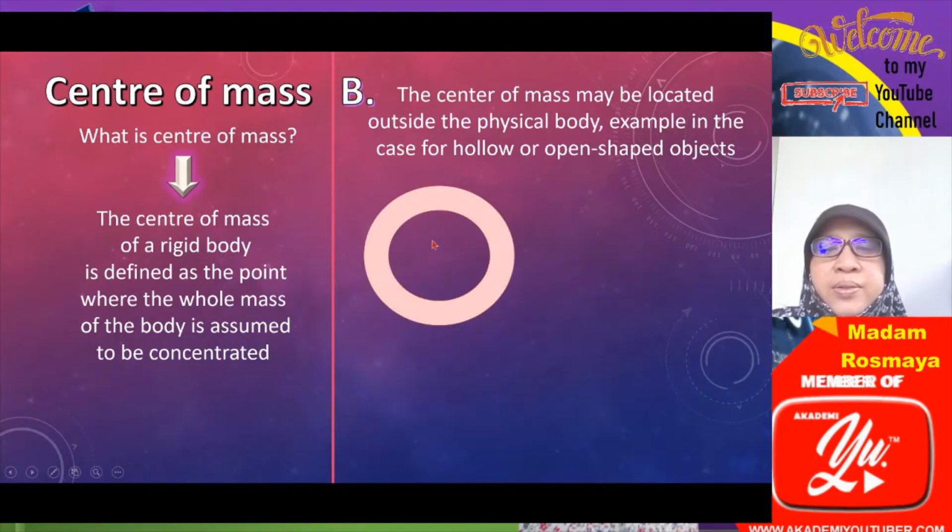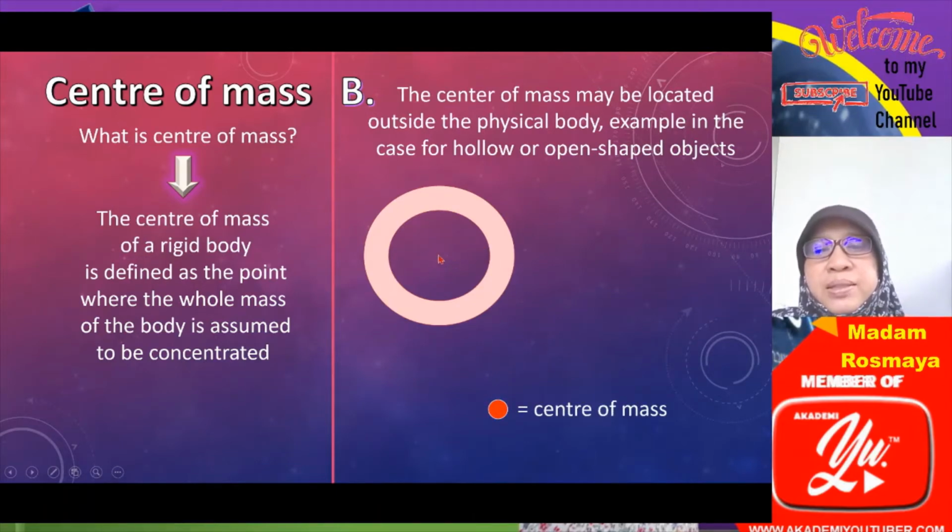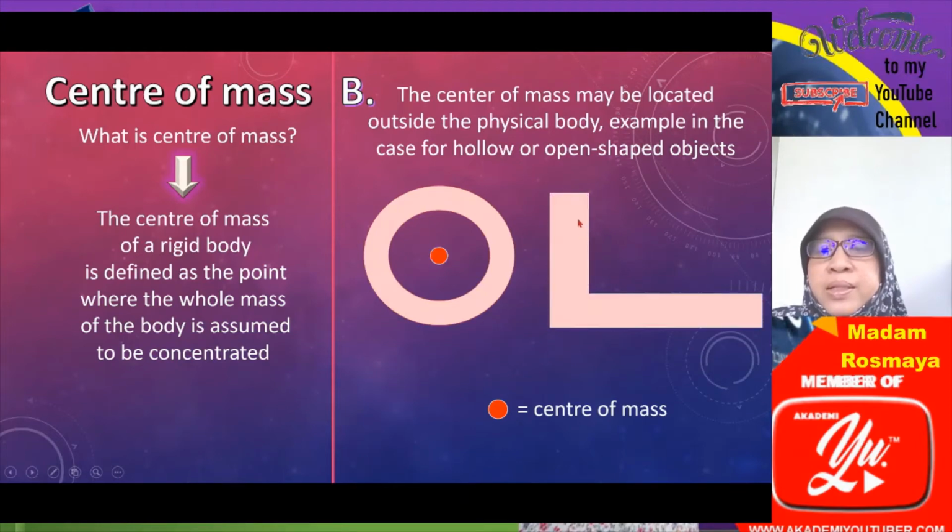It is hollow inside, so it still has a center of mass, but it lies outside of the physical body. Another example is the L shape, where the center of mass lies outside.